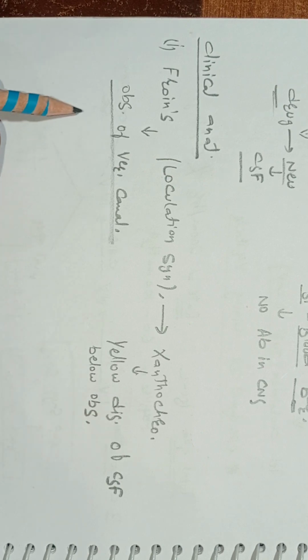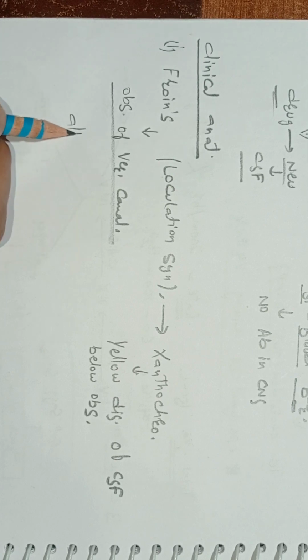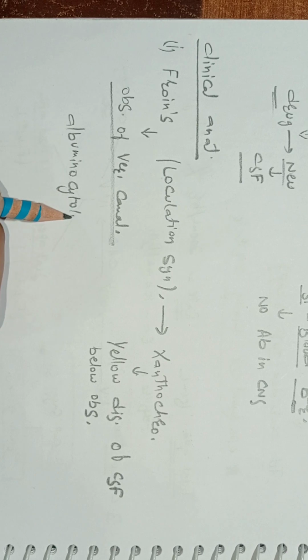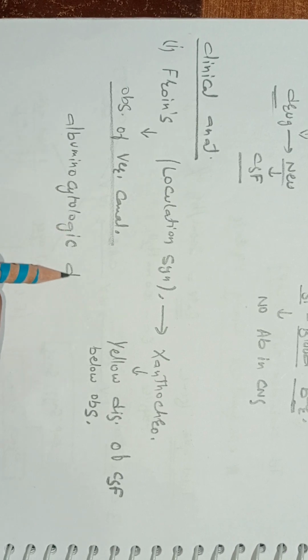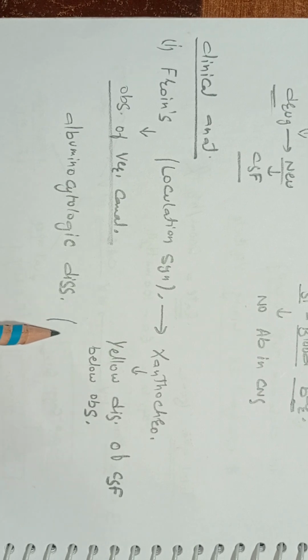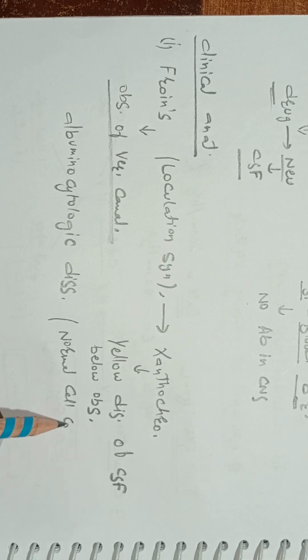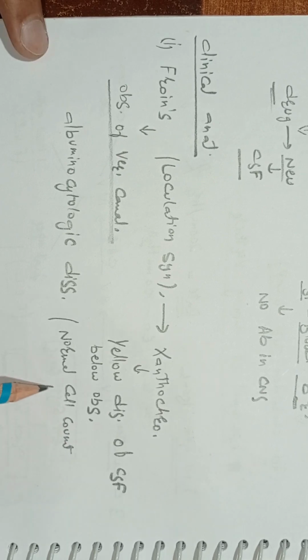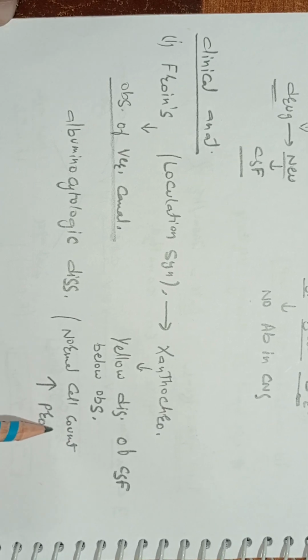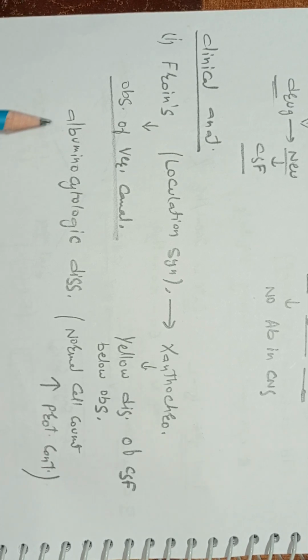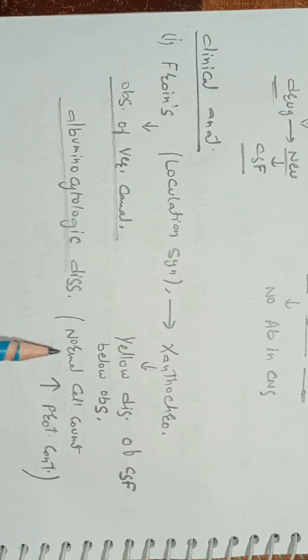Another manifestation of Froin syndrome is albuminocytologic dissociation. Clearly, in albuminocytologic dissociation, there is normal cell count but there is increase in protein content.